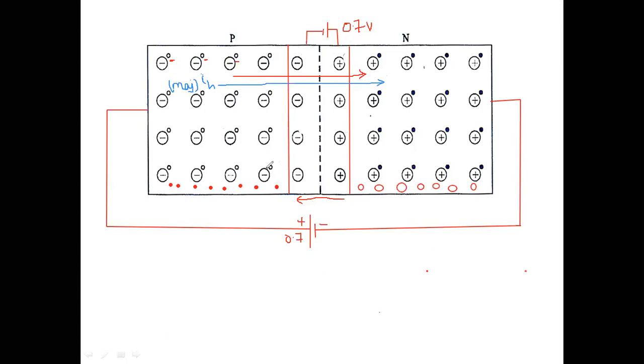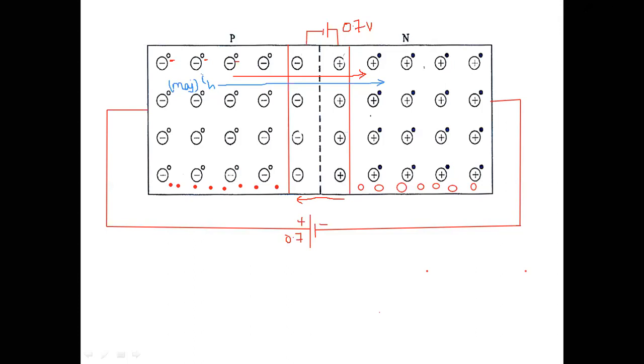And now the electrons, which are minority charge carriers, will get attracted towards the positive terminal of the battery.